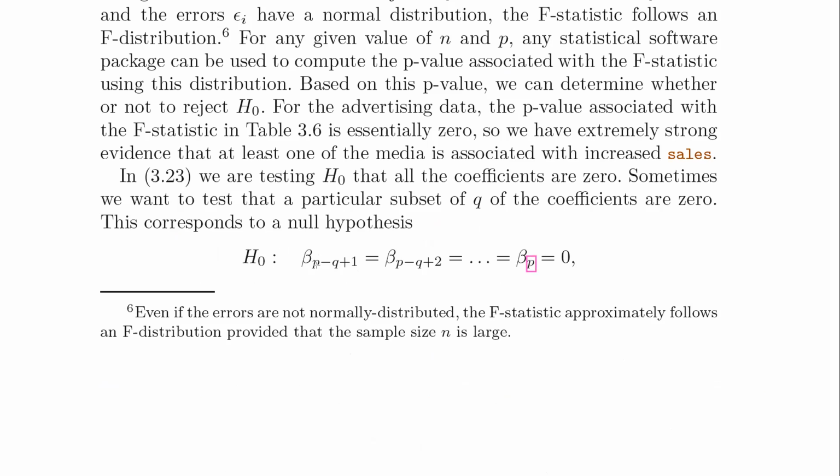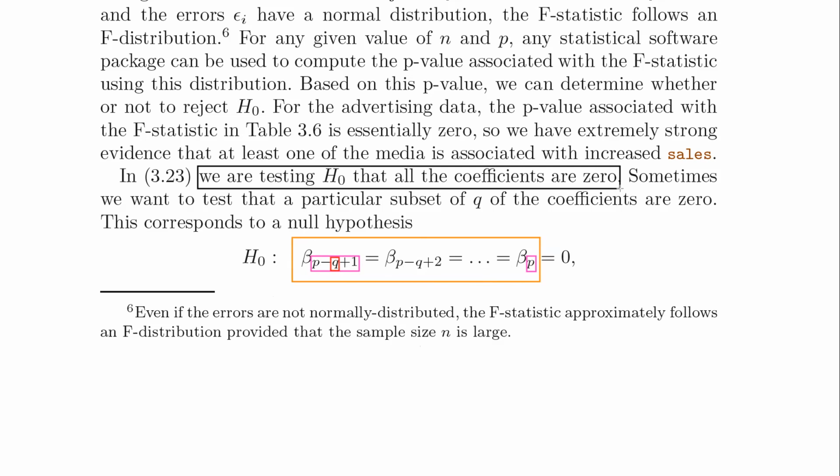You can do the usual p minus this plus 1 to see how many terms there are, and everything would zeroize with the exception of q. So there are q of these slope parameter estimators. We are testing H0, that all the coefficients are 0.